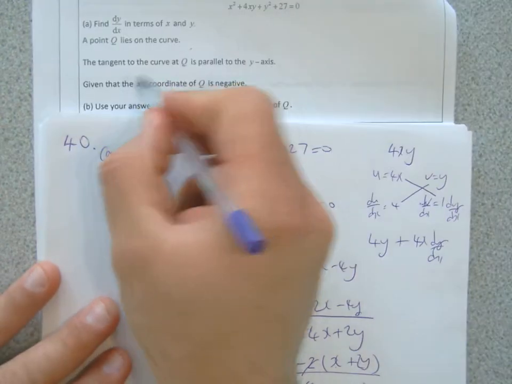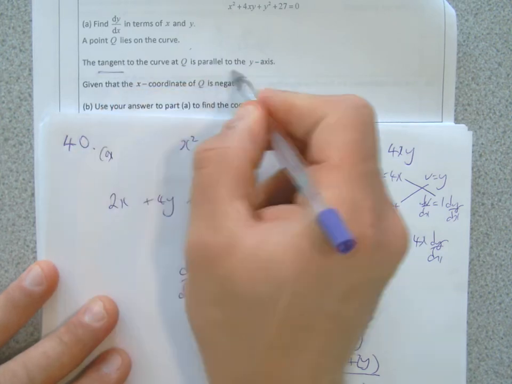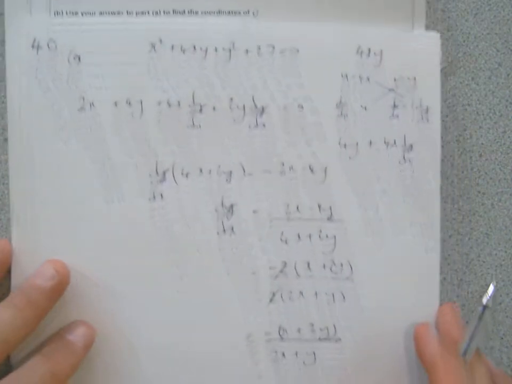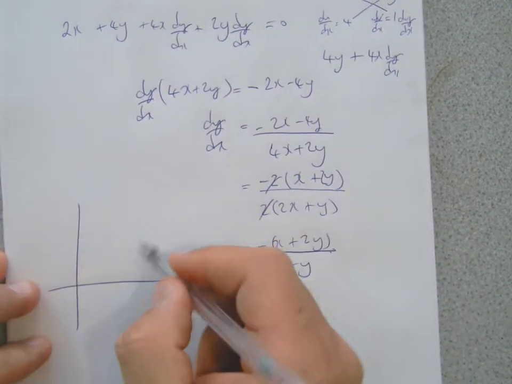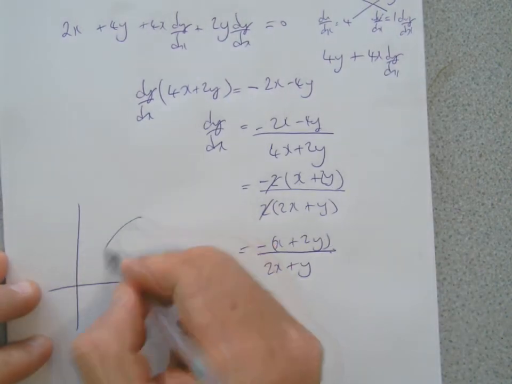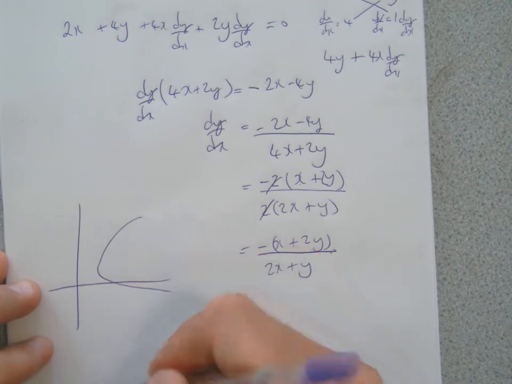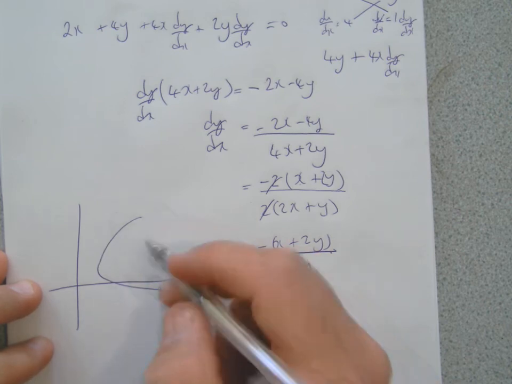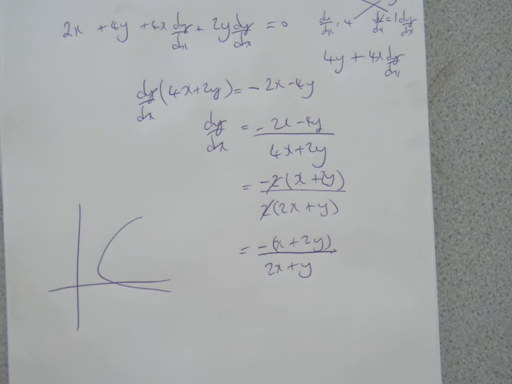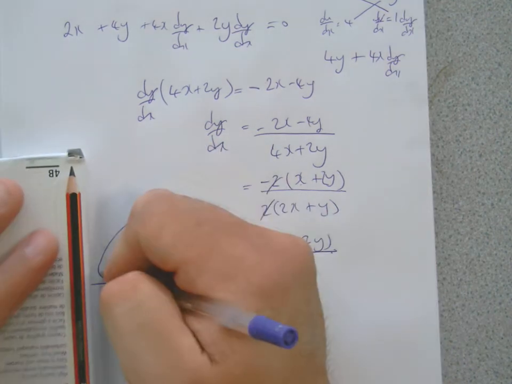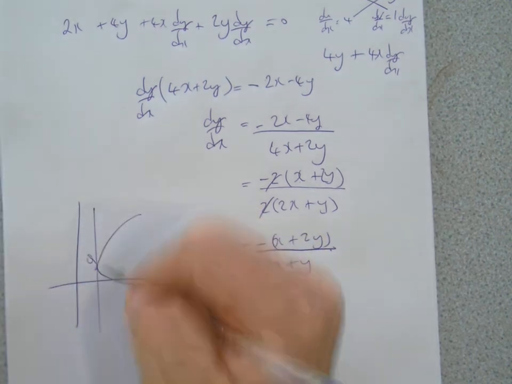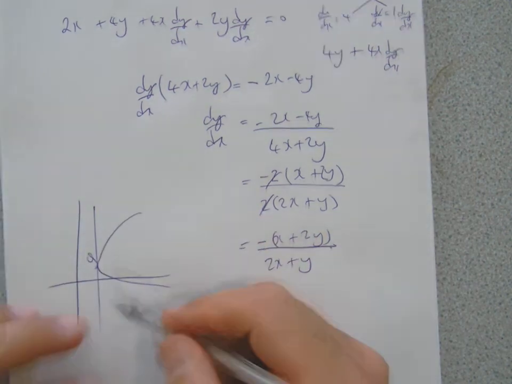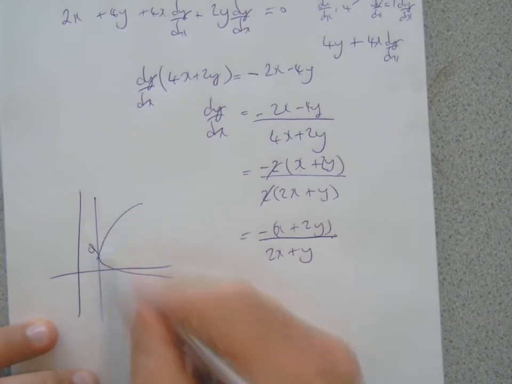Okay, this is important. The tangent to the curve is parallel to the y-axis. Basically, your curve, I don't know what it looks like, it doesn't matter. I'm just going to draw a scrap drawing of a curve. And of course my tangent, I've got a ruler here, let's use this, say at that point, which is Q, is meant to be parallel, in my rough sort of way, with the y-axis.